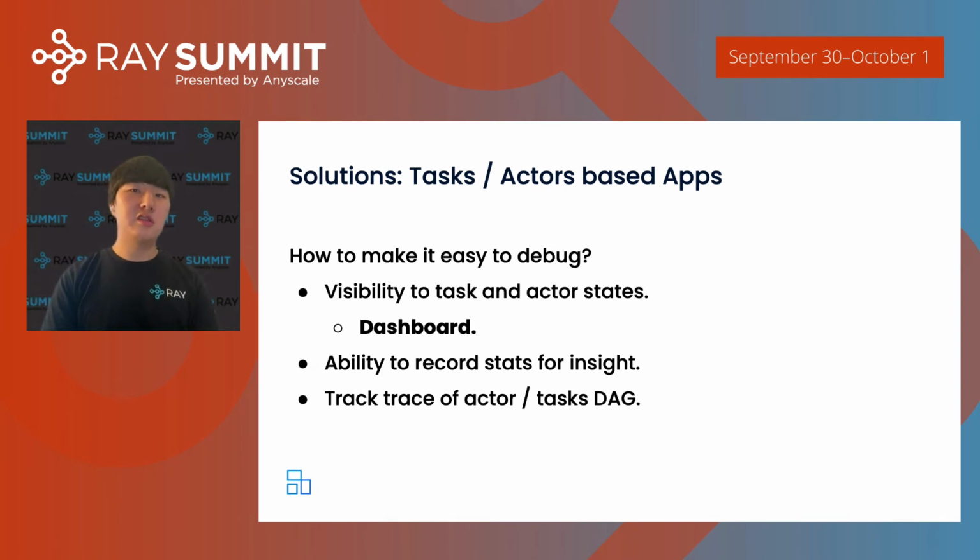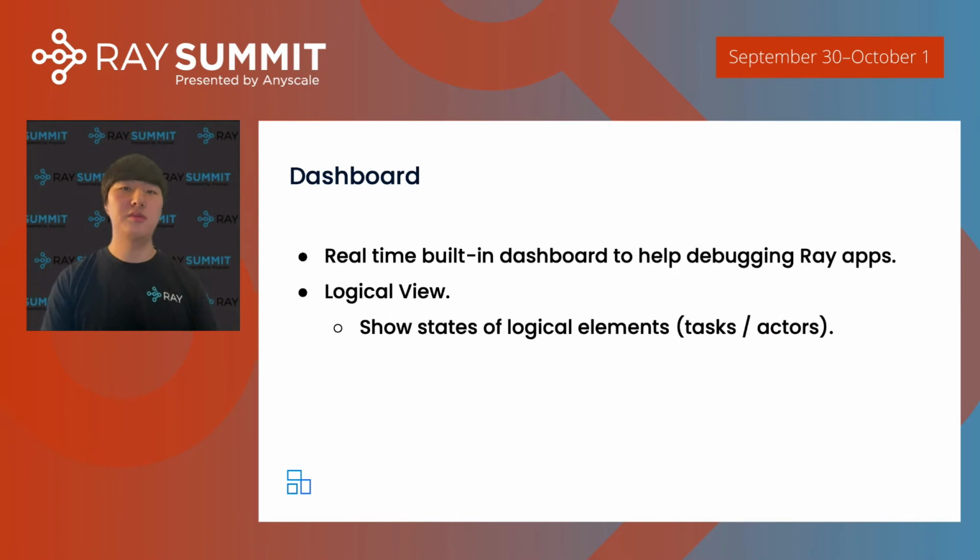Let's see the first solution in detail. Ray provides visibility to tasks and actors from the dashboard. Ray supports a real-time dashboard that helps users debug Ray apps. Especially, Ray focuses on great logical view support, which displays the states of tasks or actors. Let's actually see an example screenshot.